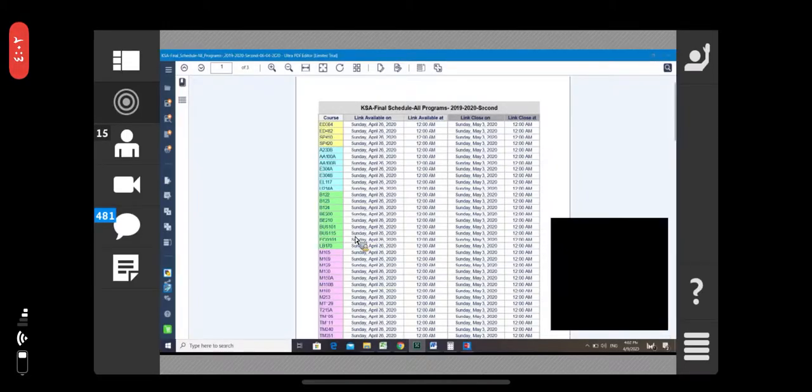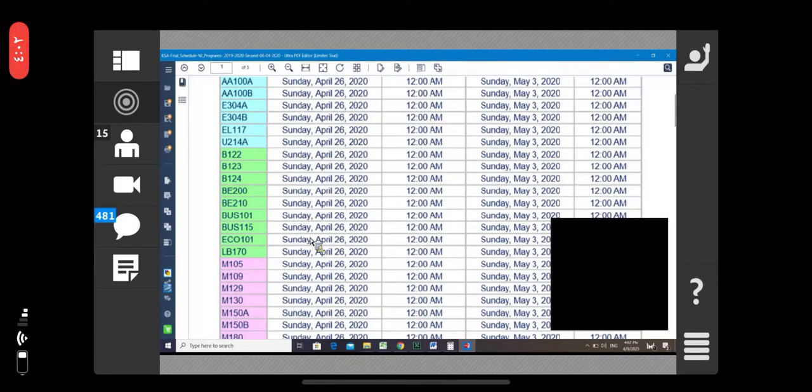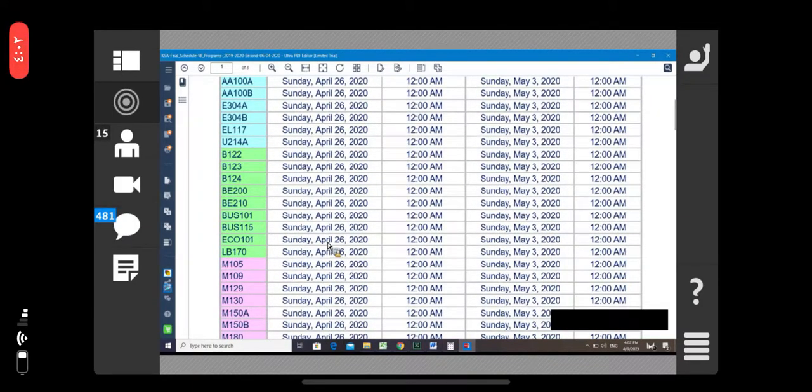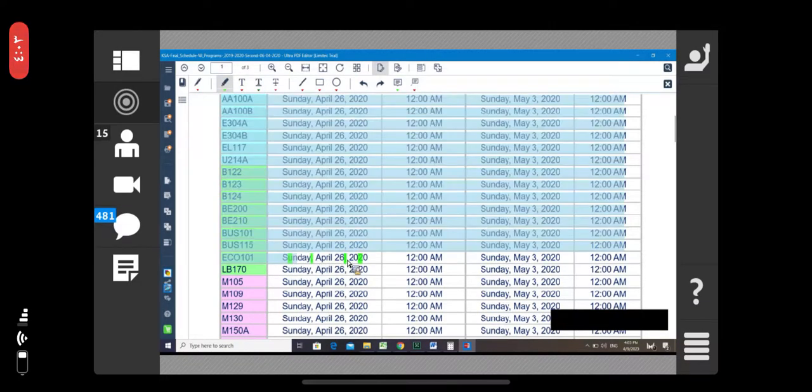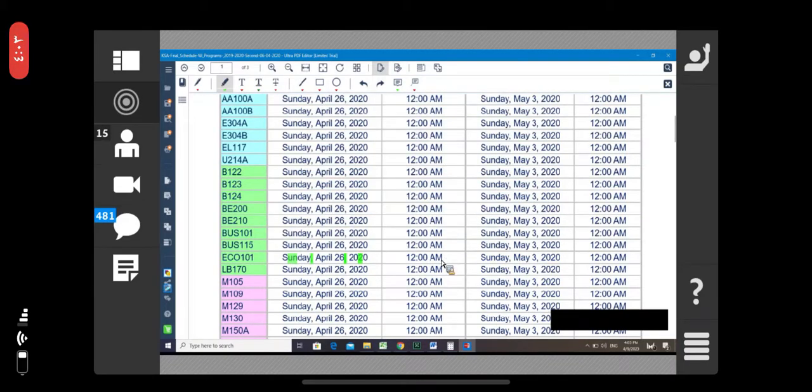Yes, but I want to highlight one word for you, so we don't get confused. The schedule is saying that this is from Sunday April 26 at 12 a.m. So it will be posted at Saturday night.